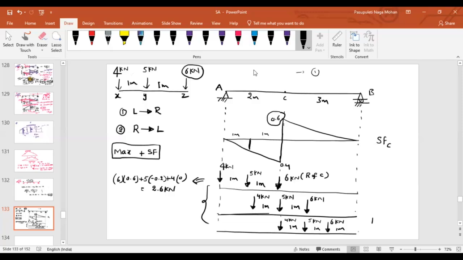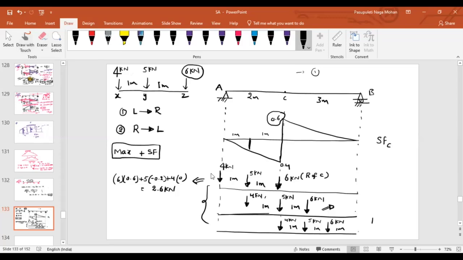Now come to this case. Quickly, what about the ordinate under 4 kilonewton? Exactly, it is the same, somewhere here, isn't it? You guys have to tell me the ordinate values quickly.